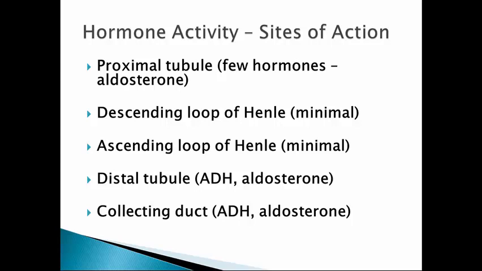So you see the balance now? In the distal tubule and the collecting duct, this is where the hormones take over. And this is where we also essentially fine-tune our fluid balance as well as our sodium and potassium balance.